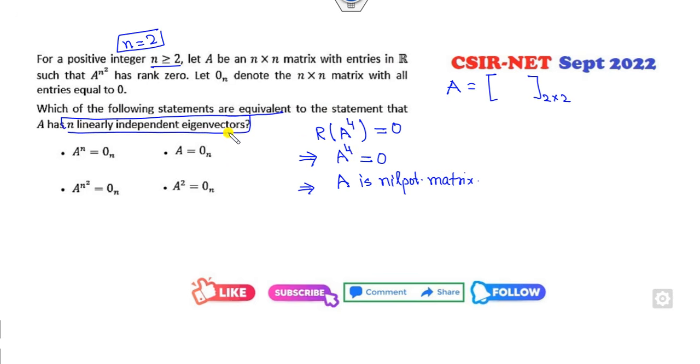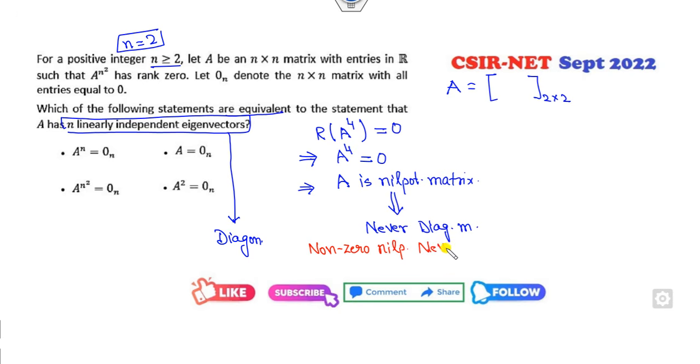If A has n linearly independent eigenvectors, that means it is a diagonalizable matrix. But remember that a nonzero nilpotent matrix can never be a diagonal matrix.